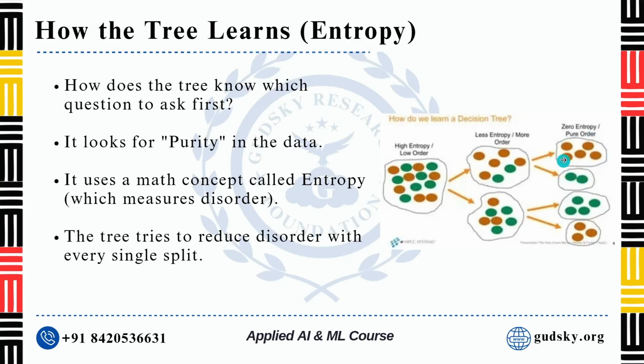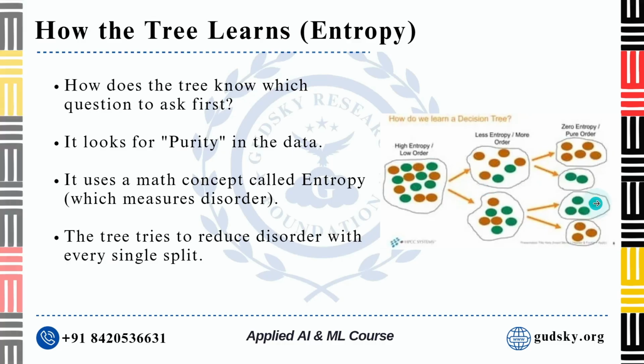There are five orange balls, two green, four red and three orange. Each one is separated from each other in proper groups. This is how our tree works. This is the major rule of how our tree learns and works.